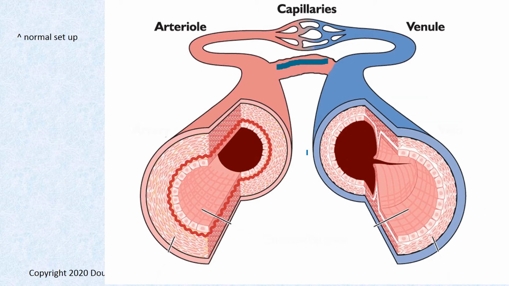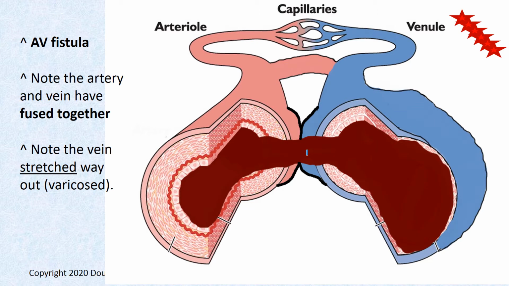Notice what happens to the vein. What's happening to the vein? It's bulging out. Why is it bulging out like that? Well, how much pressure is a vein, and especially a venule, designed to handle? It doesn't have a thick wall. Look at its skinny little tunica media right here, compared to this thick tunica media.